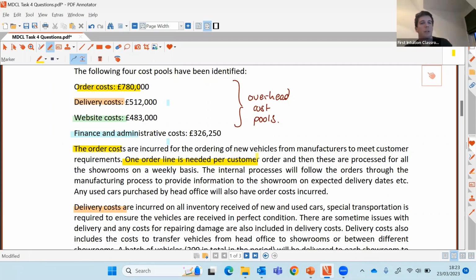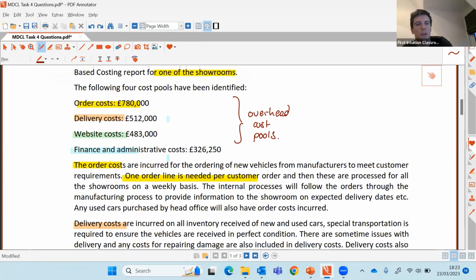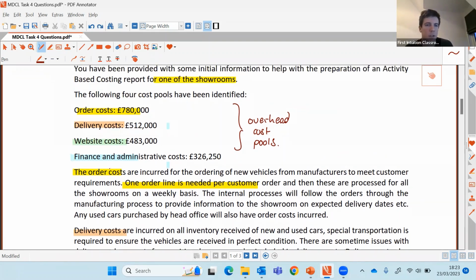So what you have are ordering costs of 780,000. And you're then told that the way these work is that there is one order line per customer order. And what we need to find is what's driven this 780,000. Remember that activity-based costing looks at the overhead and it says, well, what has driven that particular overhead?